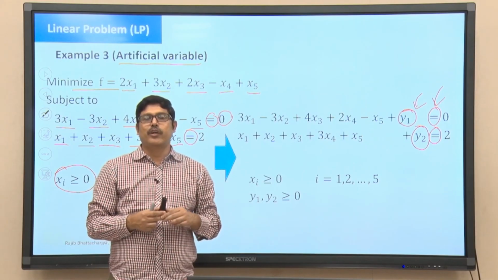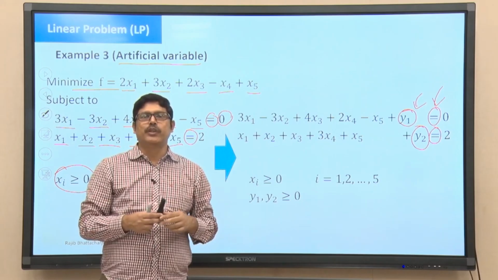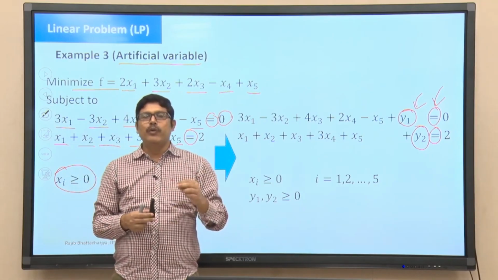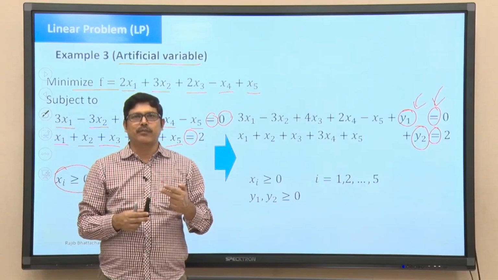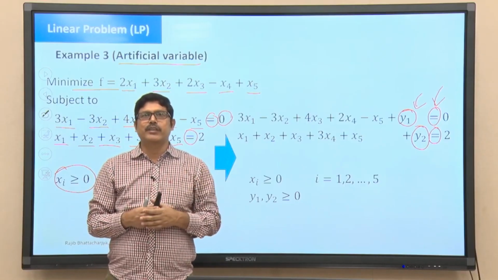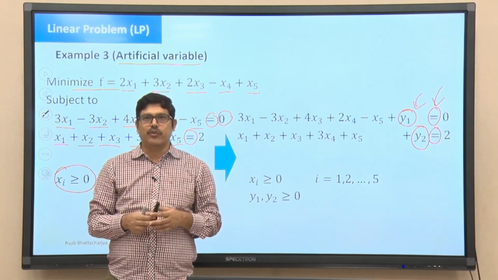This y1 and y2 are known as artificial variables. So, what we are doing here is putting two artificial variables, y1 in the first equation and y2 in the second equation, just to have an initial basic feasible solution.